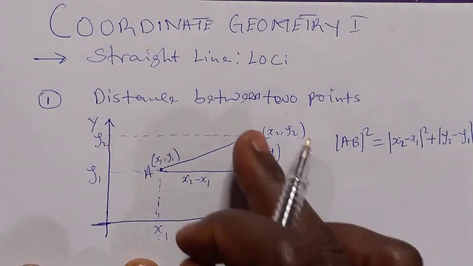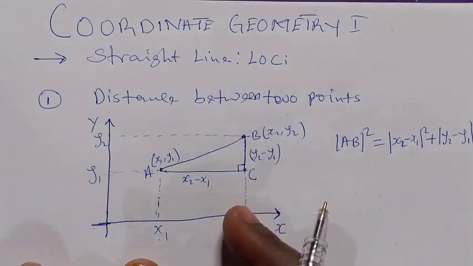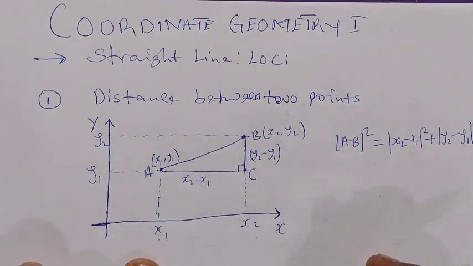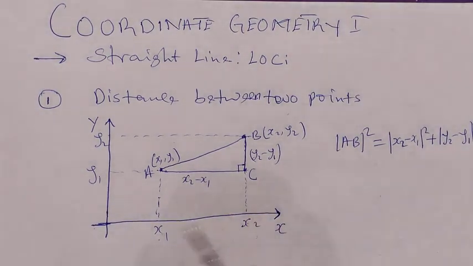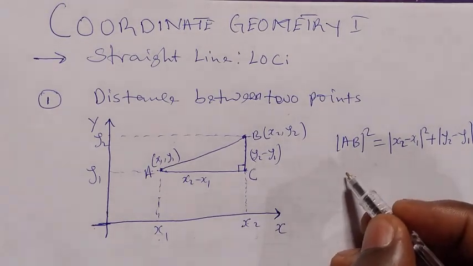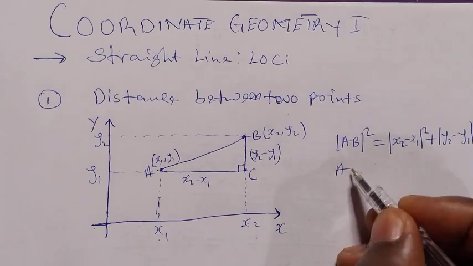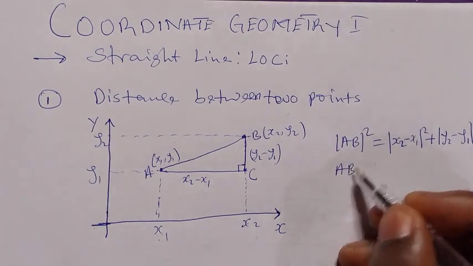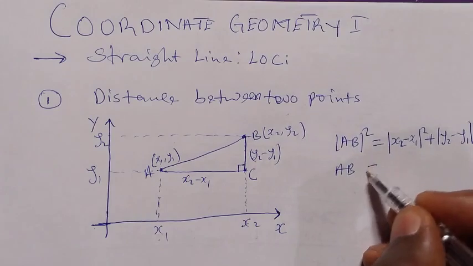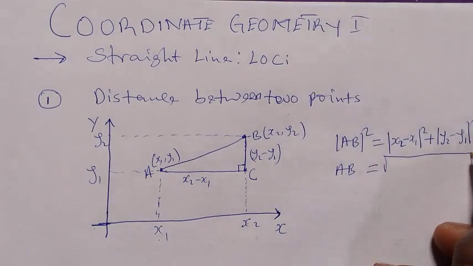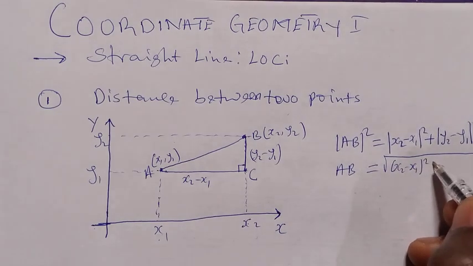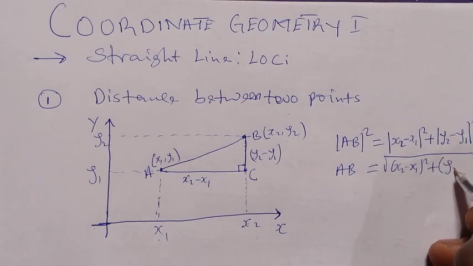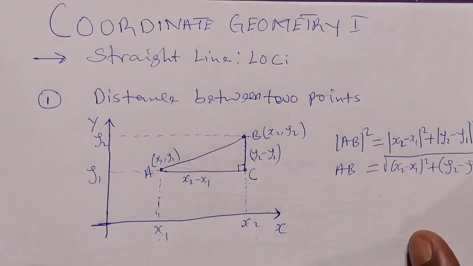That is, the square of the hypotenuse is equal to the sum of the squares of the two other sides. That's Pythagoras theorem. So it means that AB, we take this square to the other side, will be the square root of open bracket x2 minus x1 close bracket square plus open bracket y2 minus y1 close bracket square.